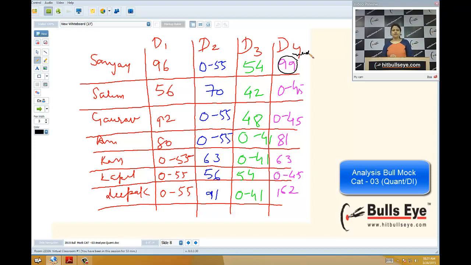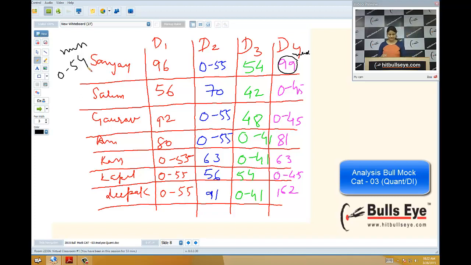At day 2, he can get anything from 0 to 55. If he is getting 0 to 54, what will be the minimum thing in this case? 0 to 54 only. If he is getting 55 lines on day 2, what will be the minimum thing then? 0 to 54. So maximum will be 99 and minimum will be 0 to 54.